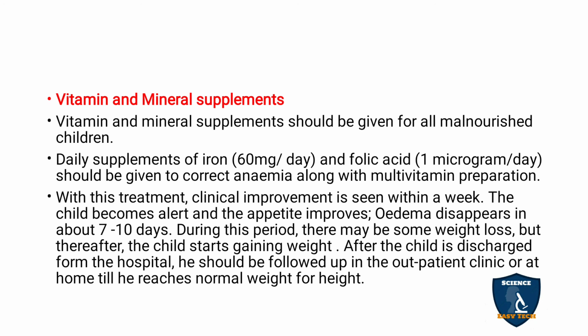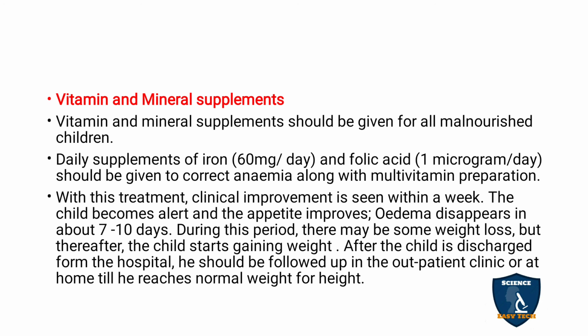So vitamin and mineral supplements should be given for all malnourished children. Daily supplements of iron, 60 milligram per day, and folic acid, 1 microgram per day, should be given to correct anemia, along with multivitamin preparations.